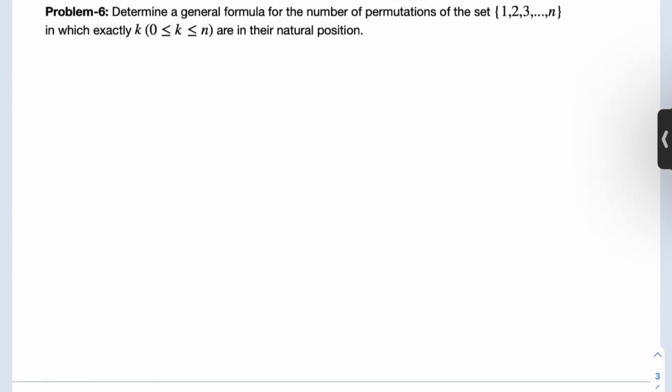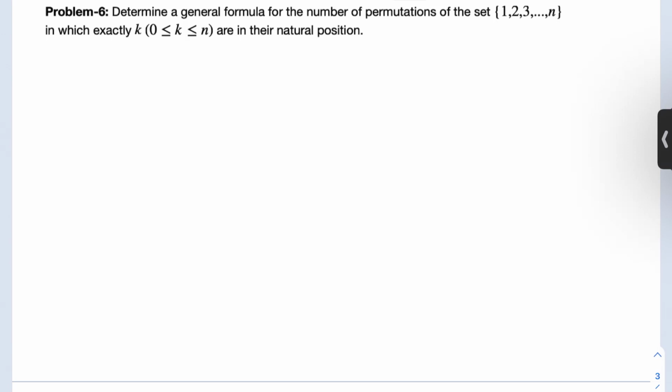Okay, next problem 6. Determine a general formula for the number of permutations of the set 1, 2, 3, so on n, in which exactly k are in their natural position. K is anything from 0 to n.